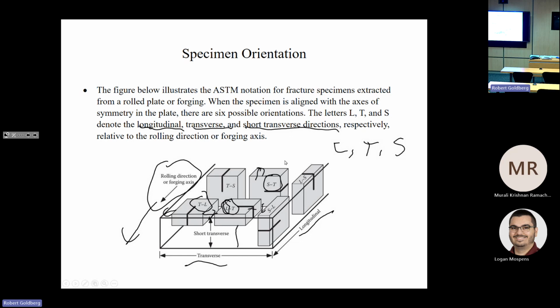and similarly for this ST specimen, you'll apply loads in your short transverse direction. And the second letter refers to the direction along which the crack is oriented. So for the LT specimen, you can see that the crack is along the transverse direction.